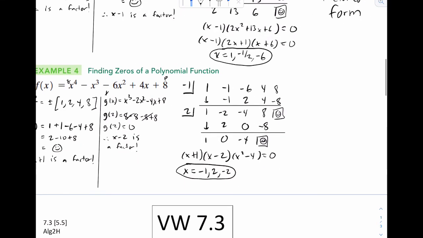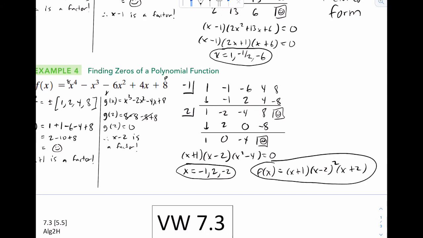Now if asked for the factorization, we could say the factorization is f of x equals x plus 1, x minus 2 squared times x plus 2. And that would be your factorization. And that's it.